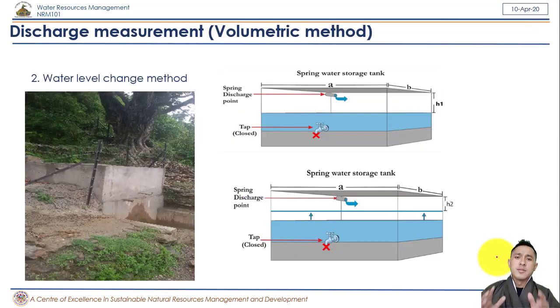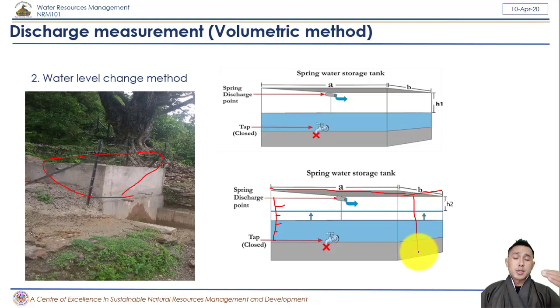Second one is the water level change method, where you need to have a tank or a large bucket that has got a graduation scale, or if you do not have a graduation scale, one that has got a specific or known length, breadth and height, so that you will know the change in height or change in volume after you receive the spring.